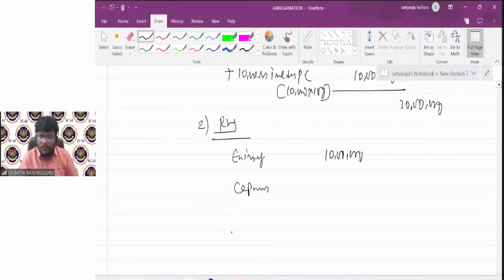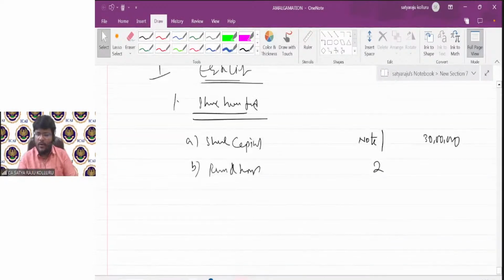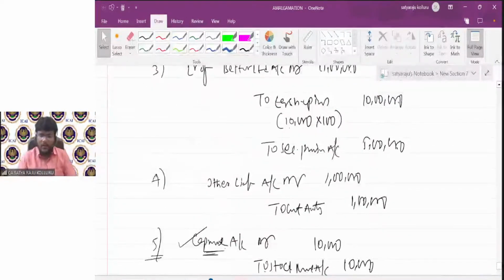One more thing, securities premium is also there in entry number 3, which is 5 lakhs. So the total 17,90,000 will be the reserves and surplus. If you go up, put down 17,90,000 for the reserves and surplus. If you check point number 3, securities premium was also considered by me. Next.